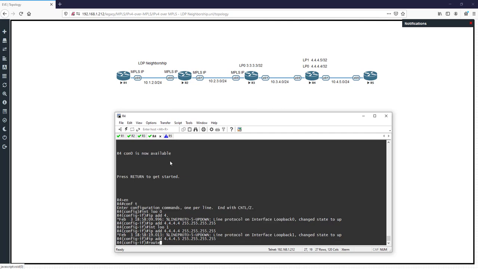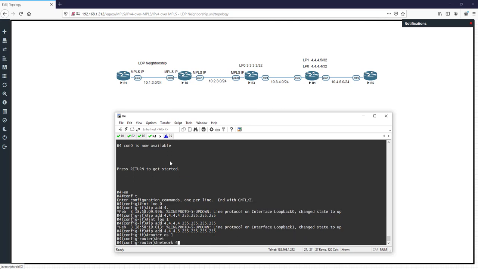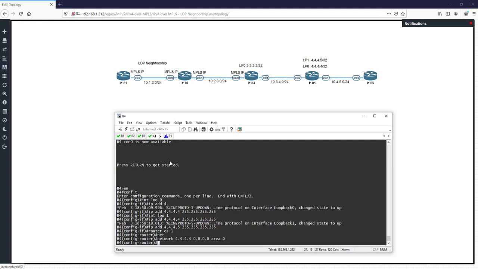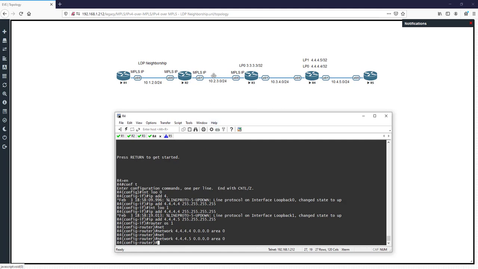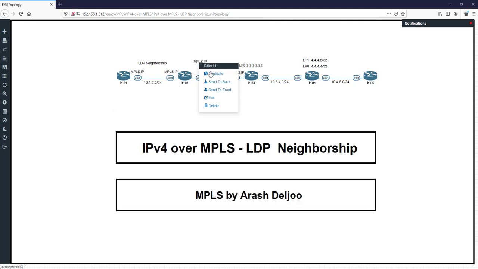Okay, router ospf 1, network 4.4.4.4 0.0.0.0 area 0, and then network 4.4.4.5 0.0.0.0 area 0. Okay, now I want to enable MPLS in the link between R3 and R4.